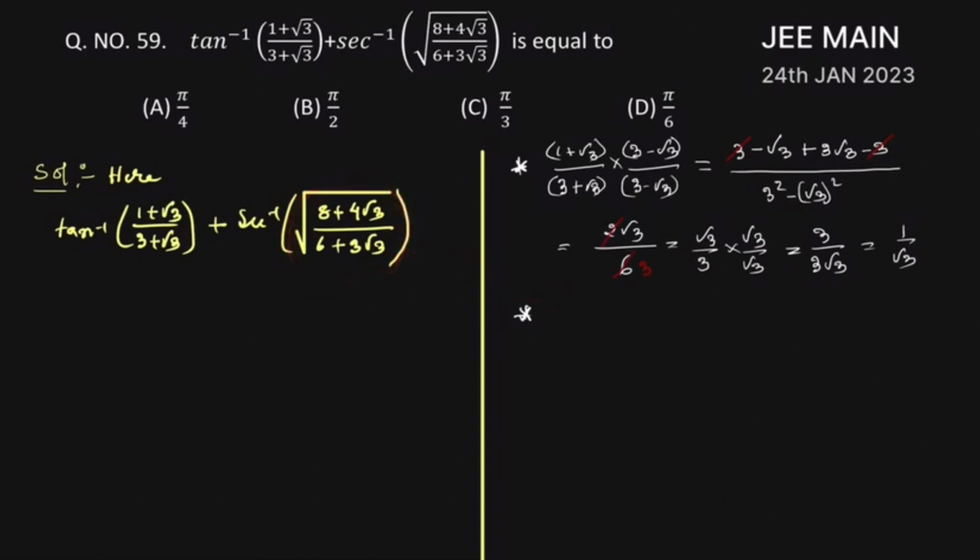Let's see. Root over (8 plus 4 root 3) divided by (6 plus 3 root 3).